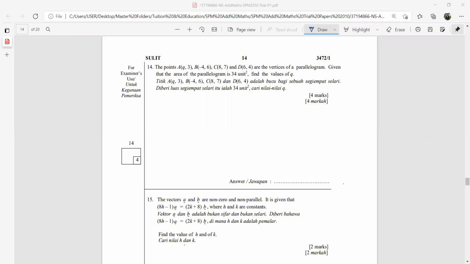Hello. So the answer, how to find Q? Okay, area of the parallelogram formula. Somehow just now your friend say, just try without referring the formula. Wow, you still remember, huh? Got 4 points, just put in. Okay, then how to do?